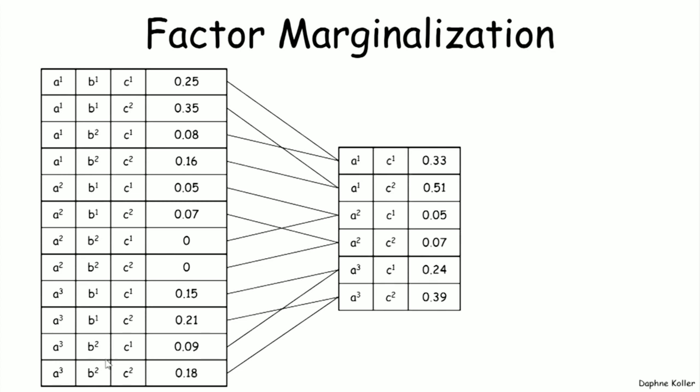For example, if we have a factor here whose scope is A, B, and C, and we want to marginalize out B to get a factor whose scope is AC, what we're going to be doing is, again, taking both possible values of B. In this case, because B is binary, there's only two values, and we add them up in order to get the entry for A1, C1, so 0.25 plus 0.03. And all the other rows in this table are computed in exactly the same way from the corresponding rows in the original larger factor.